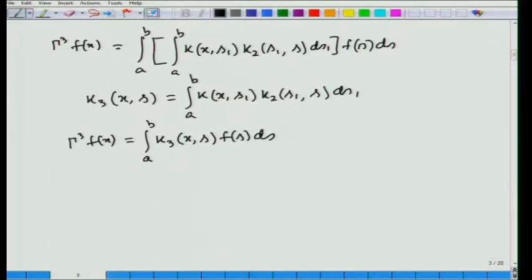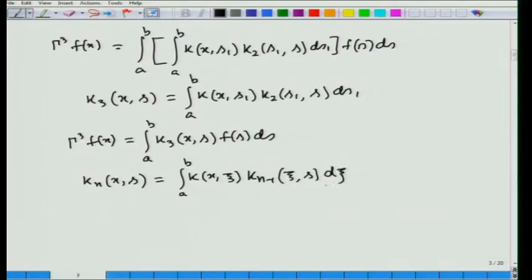So, proceeding in this particular way, we can find the nth iterated kernel k n x comma s, that is equal to integral a to b k of x comma xi k n minus 1 xi comma s d xi.